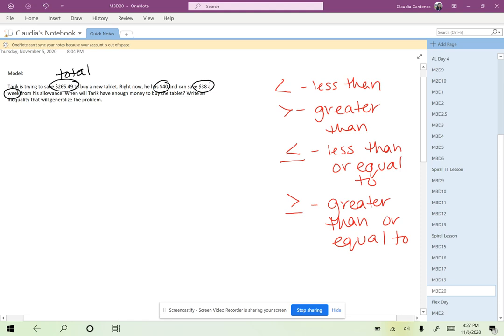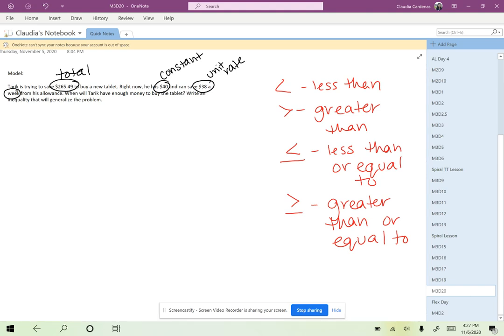All right. Well, I remember that this kind of sounds like what we did with equations when we had a constant, right? A starting amount, and then our rate of change, or our unit rate. Remember, something that changes each day, each second, each hour, and in this case, it changes per week.